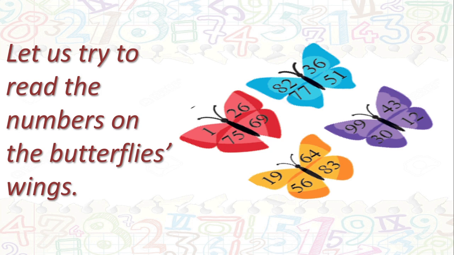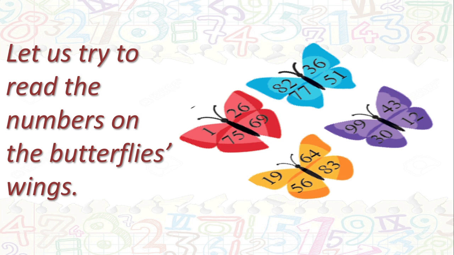Now we'll move to the blue colored butterfly. Here 80 and 2, 82, right? 30 and 6, 36, 70 and 7, 77, 50 and 1, 51, right? We'll fly to the yellow colored butterfly.